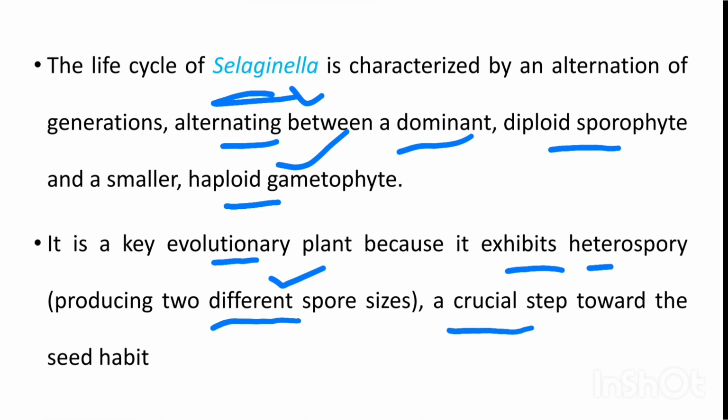One is homospory, one is heterospory. Some pteridophytes show homospory, that means they can produce only one type of spores which are morphologically as well as physiologically of the same type. But heterosporous species can produce two different types of spores which are morphologically as well as physiologically different.